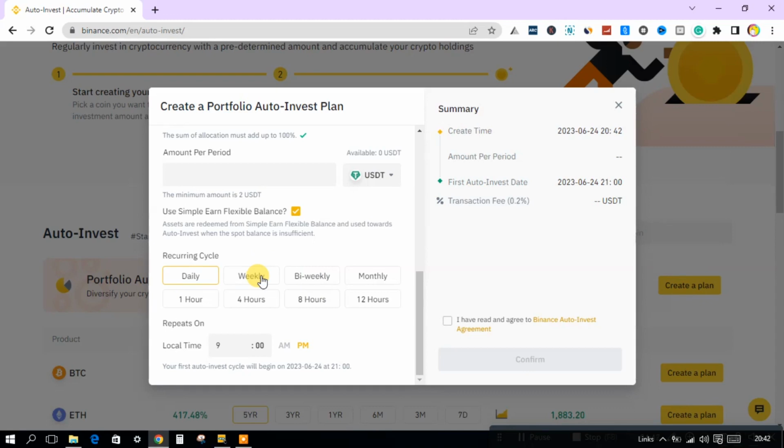I will advise you to go for weekly or bi-weekly, and if you like, you can choose monthly or hourly, depending on what you wish to select. The minimum deposit you can do is 2 USDT. With 2 USDT, you are going to divide it into 10%, so each cryptocurrency that you selected is going to receive 10%, and you can choose to edit that too.